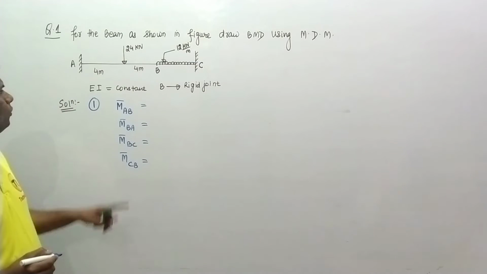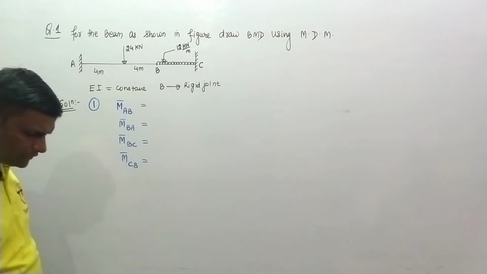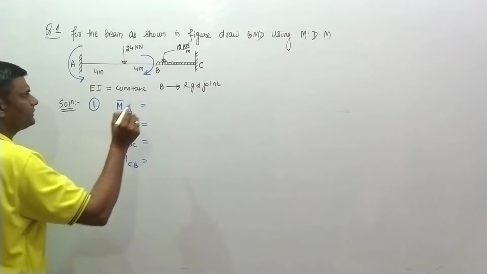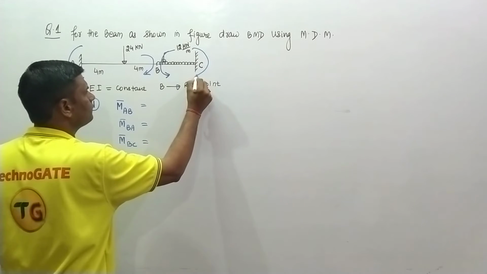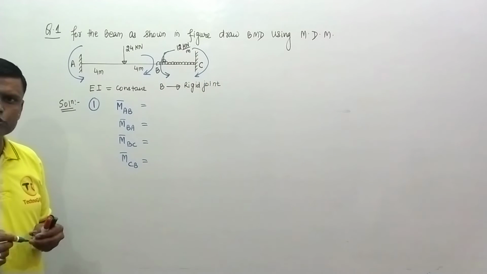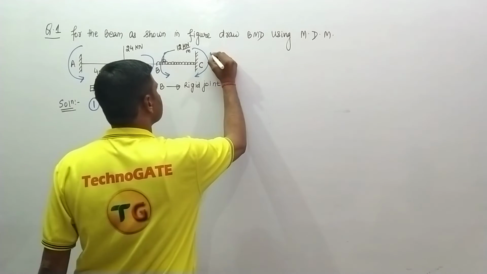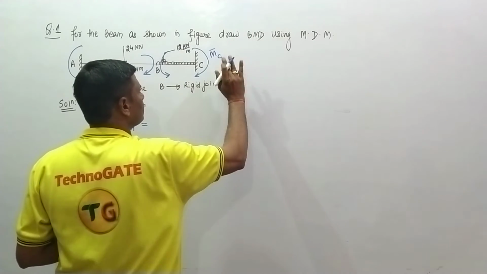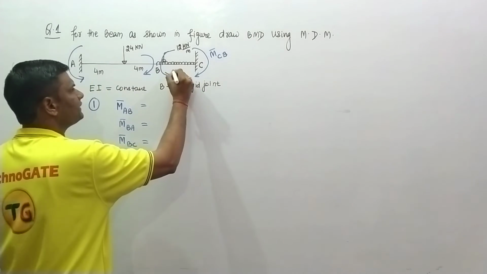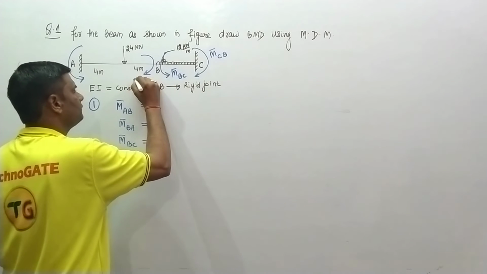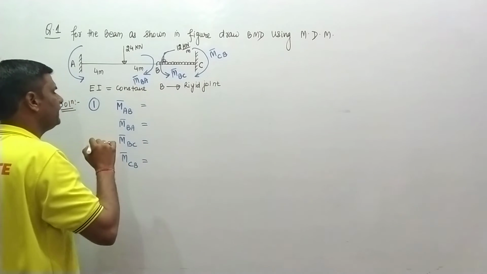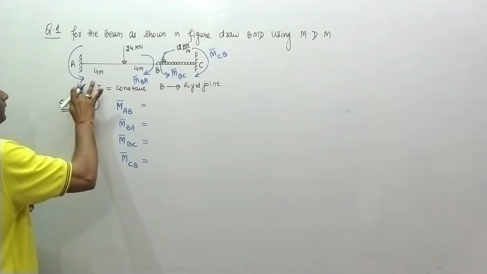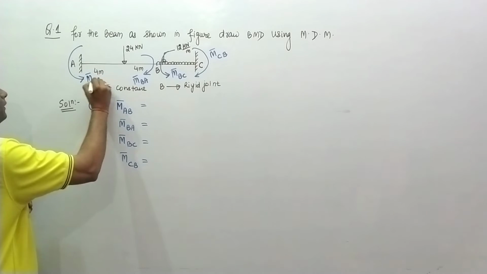Central point load is there, and the moments will be anti-clockwise, clockwise, anti-clockwise, clockwise. This is M fixed CB, my mistake. This is M fixed BC, M fixed BA and M fixed AB.